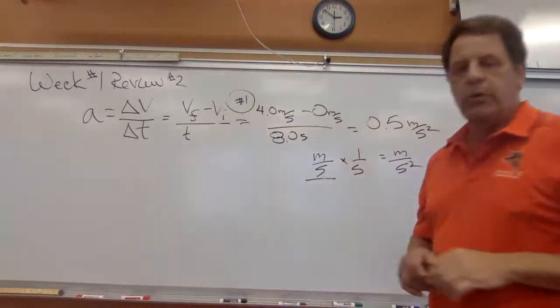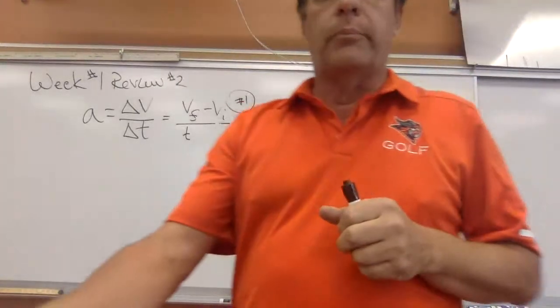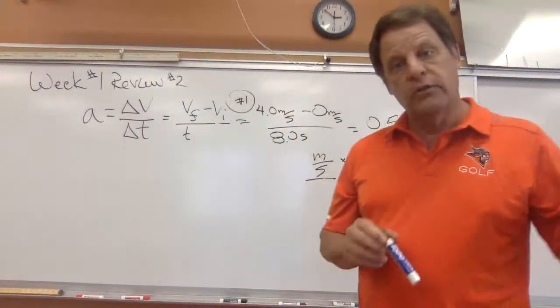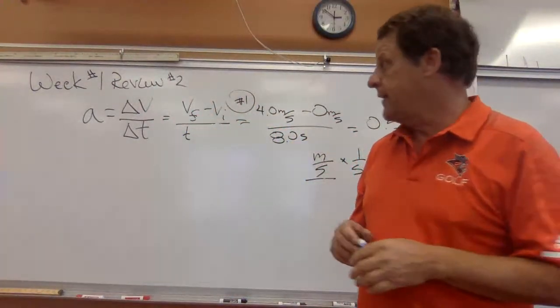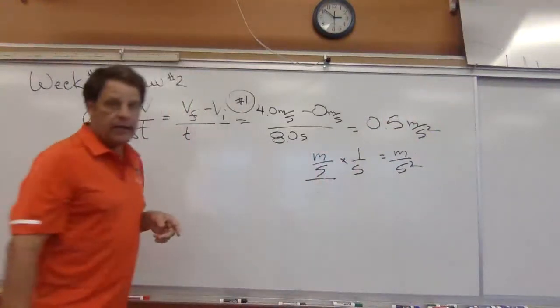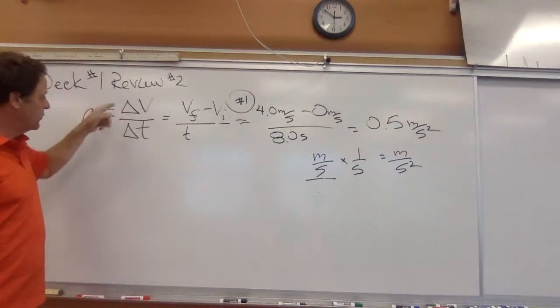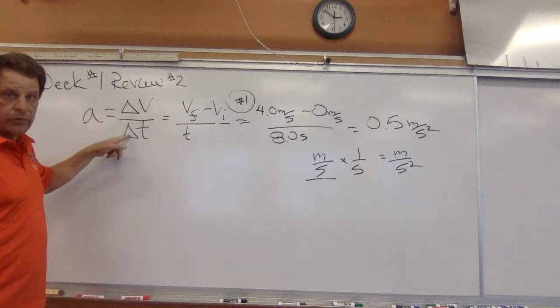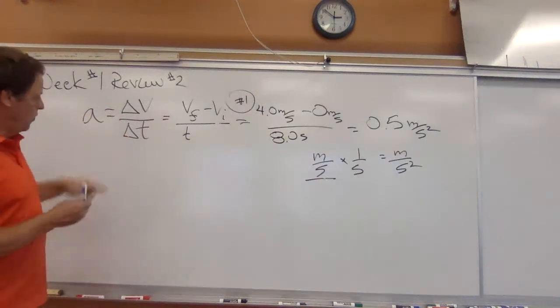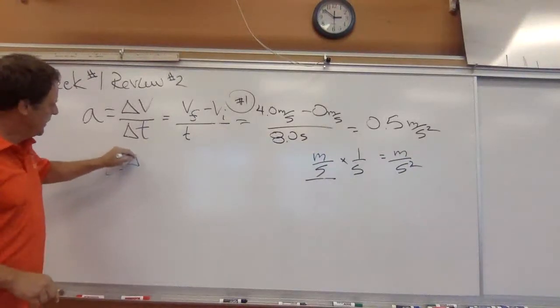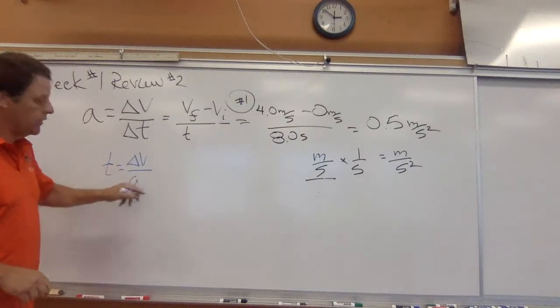Okay, so now we're going to do problem number 2, and in problem number 2 it says how long does it take? So we're looking for time. Okay, now just like the equation from yesterday, which was average velocity is distance over time or displacement over time, we can change this around and we can say time is the change in velocity over acceleration.